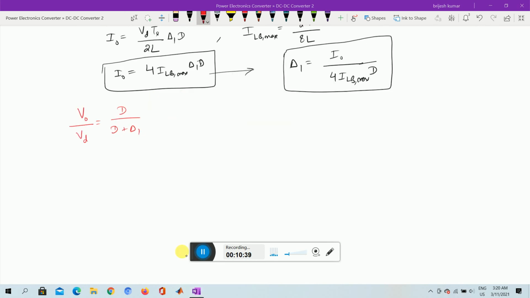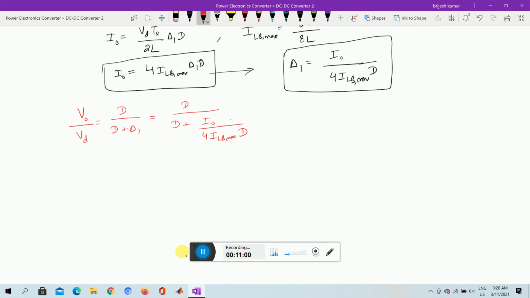So this is the value of V0 by Vd, and putting the value of del 1 here we get D by (D plus I0 by 4 ILB max into D). Here D is the lower end.